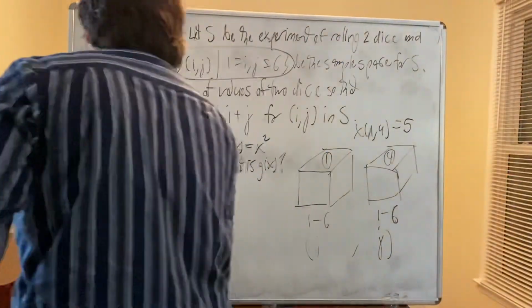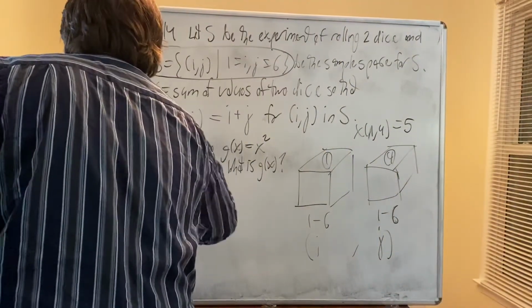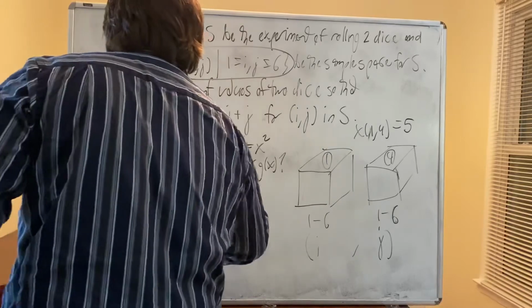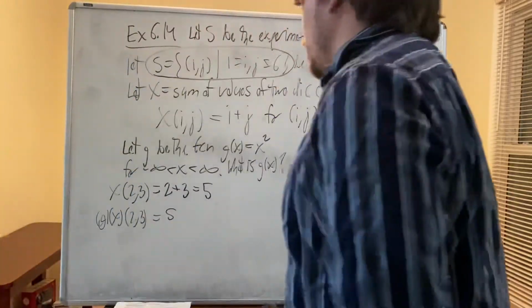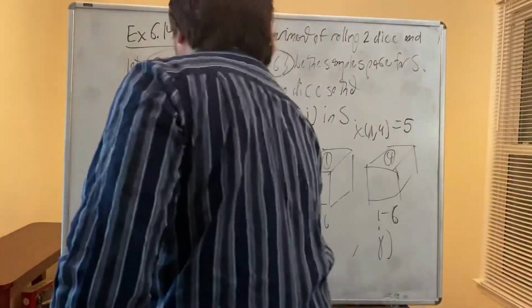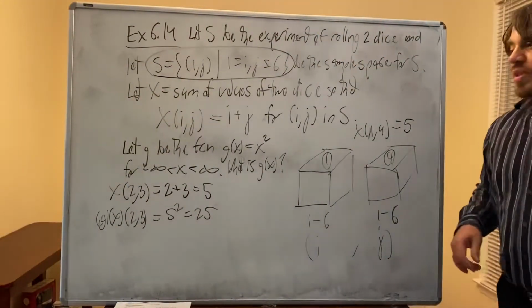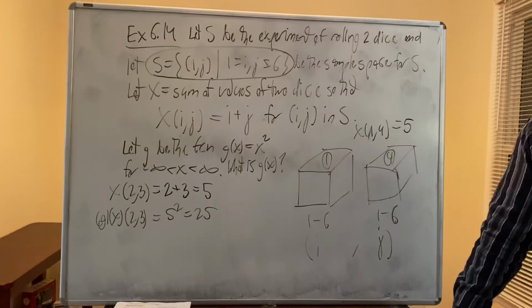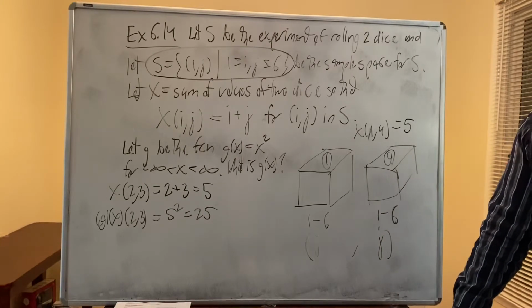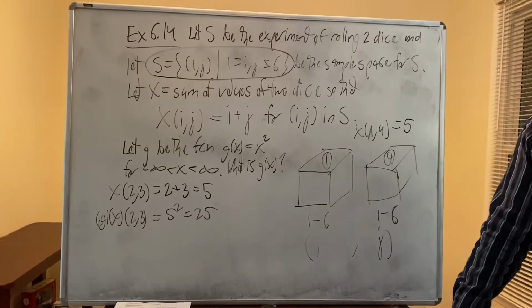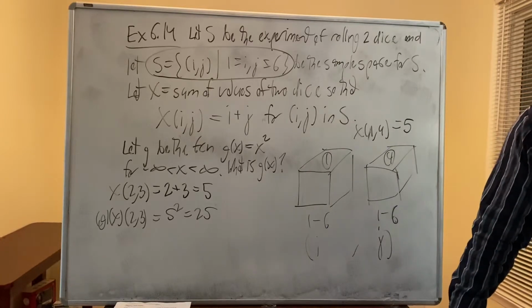And then g of x of 2 comma 3 takes the value of x, which was 5, and squares it. And so you get 25. So x gives you the sum of the 2 dice rolls, which is 5, and g of x takes the sum and squares it. So g of x of 2 comma 3 is 25.